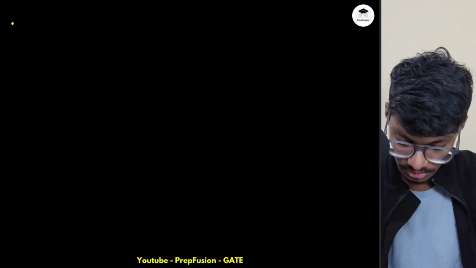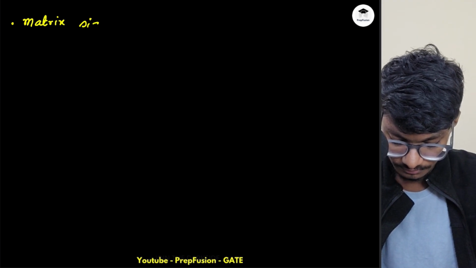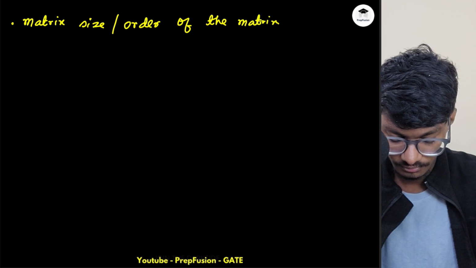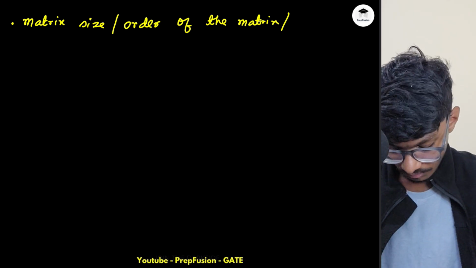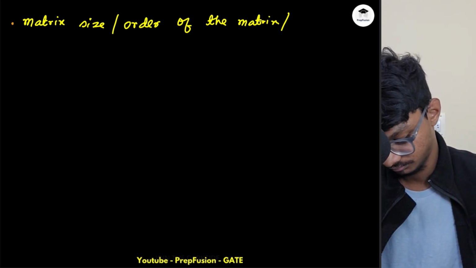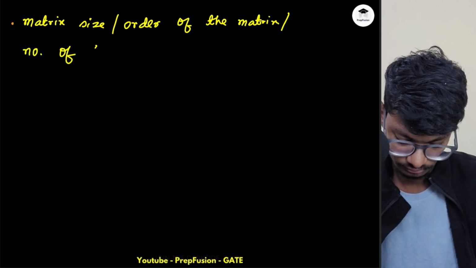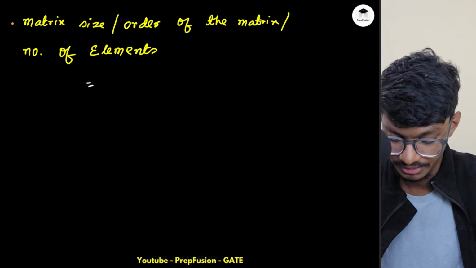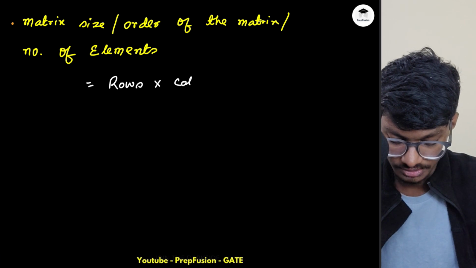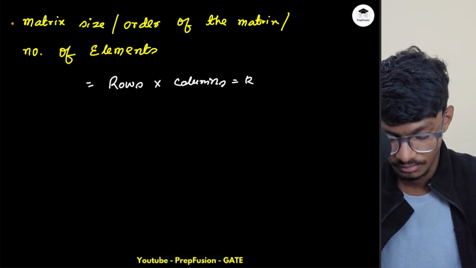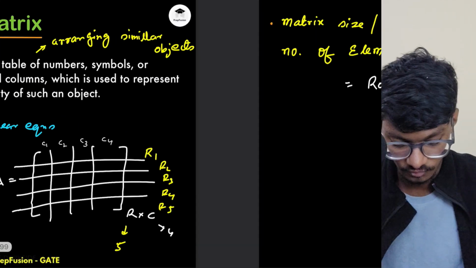All of them mean the same thing and have the same formula, that is rows into columns, or R into C. So in our case it is 5 times 4, which is 20.